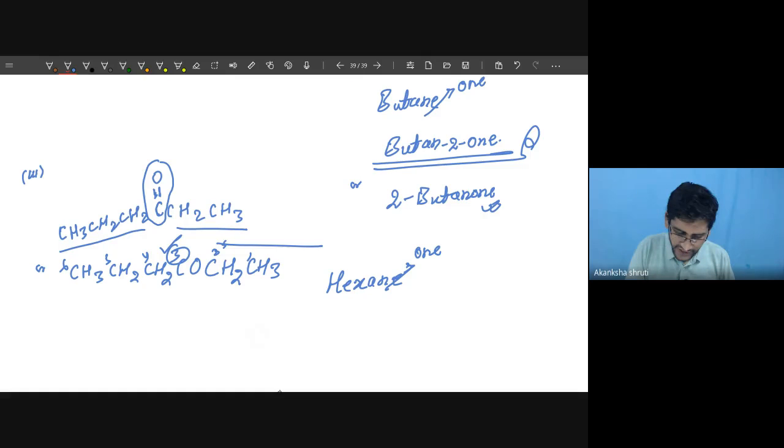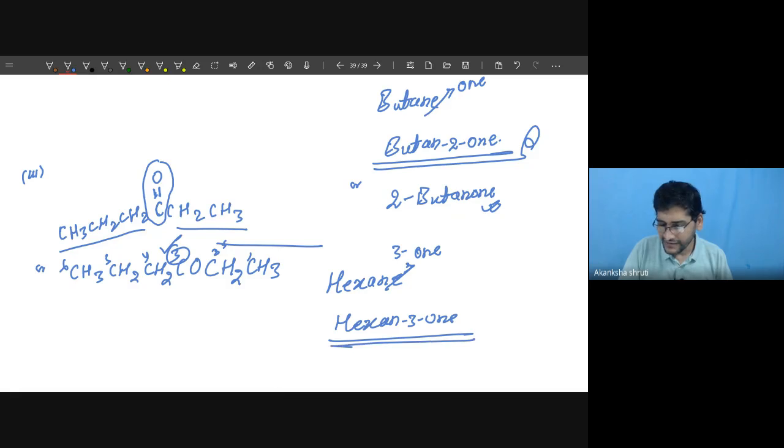The position also needs to be maintained, 1, 2, 3, because it is possible that this CO may be present at position 2 itself or 3 itself. So before this it is our 3. So it is our hexan-3-one. Whatever I have written is the IUPAC name, and this is the most acceptable or the best name that is being given.